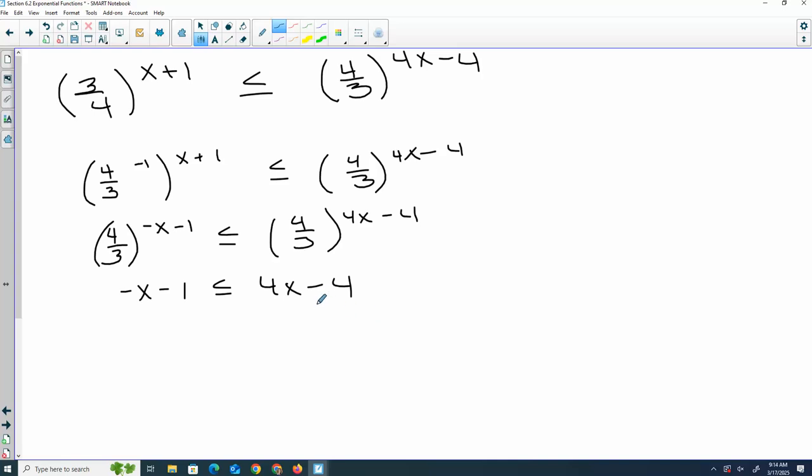Okay, so if I am solving for x, I could subtract over my 4x, add over my 1, divide. If you divide by a negative, that flips the inequality. Several of you didn't flip it, so you get x is greater than or equal to 3/5. How do we write that in interval notation?